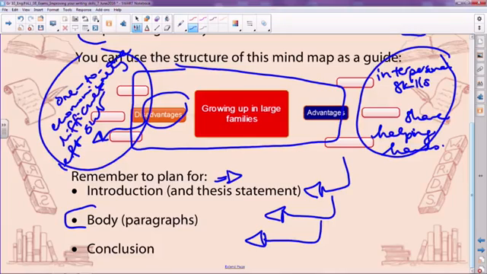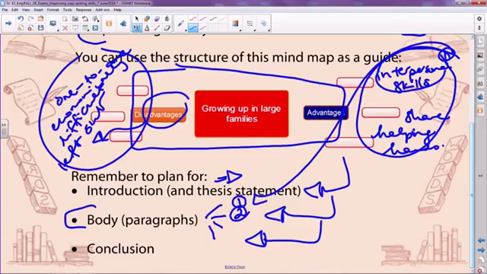Your body paragraphs, I might want to actually just have 4 and choose 2 ideas from the advantages side and 2 ideas from the disadvantages side. I'm worried if I do 3 on the one and 3 on the other, my essay might be getting too long. So let's say my first, I'm going to talk about interpersonal skills, so that'll guide me there.